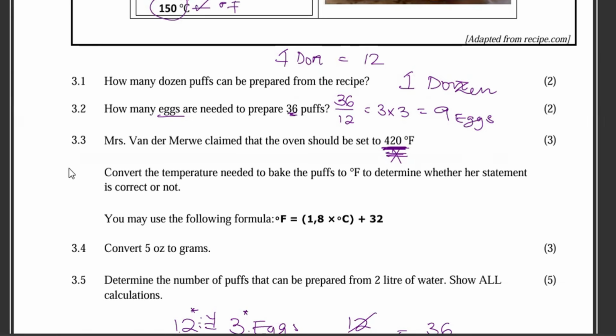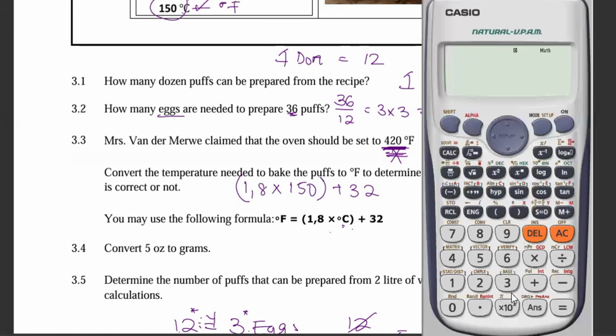Okay, let's go on and see. Let's substitute into this formula: 1,8 times the degrees Celsius, close brackets, plus 32. At this moment, don't fight. Just pick your calculator and say, open brackets, 1,8 times 150, close brackets, plus 32 equals.